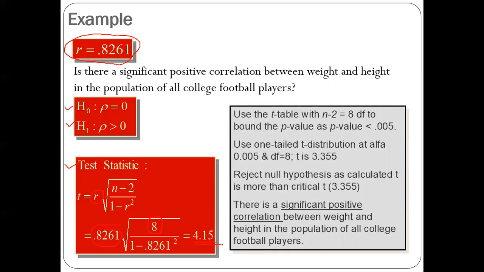Okay, now we must refer to the T table. For the correlation coefficient test statistic, when we want to do the comparison, we must refer to the T table. I cannot provide the T table to you as I provided the other table.